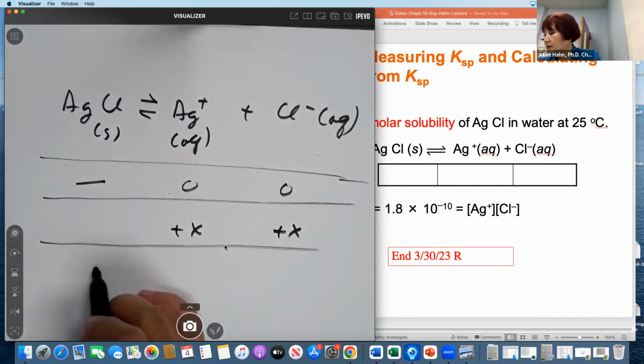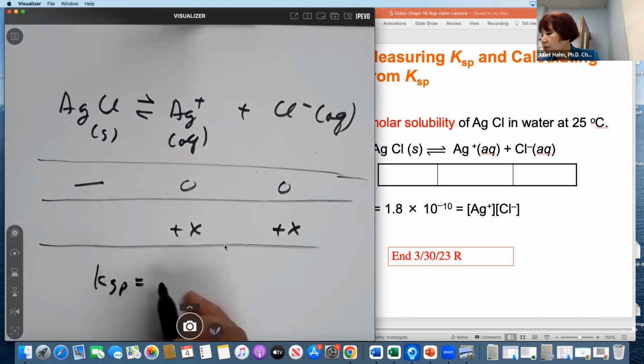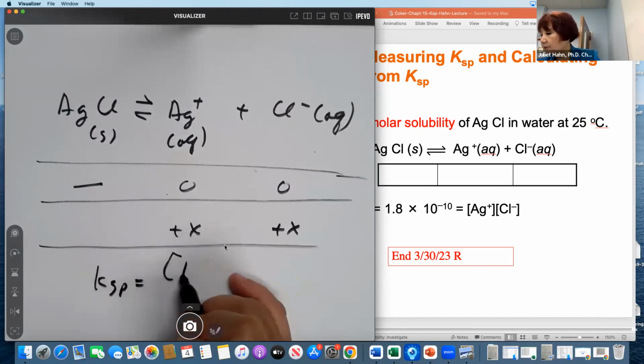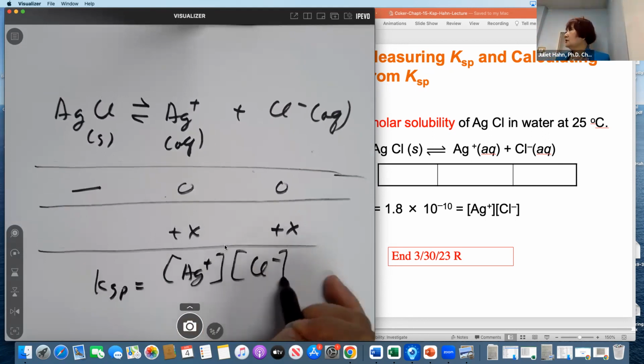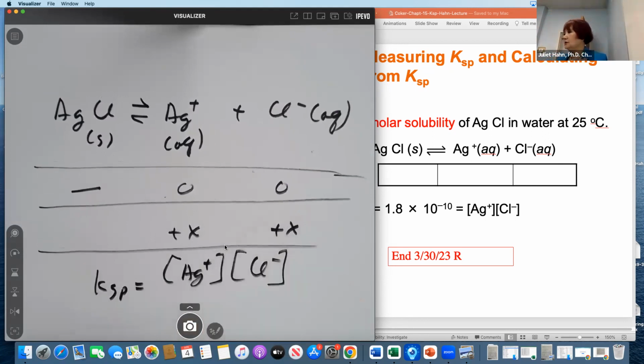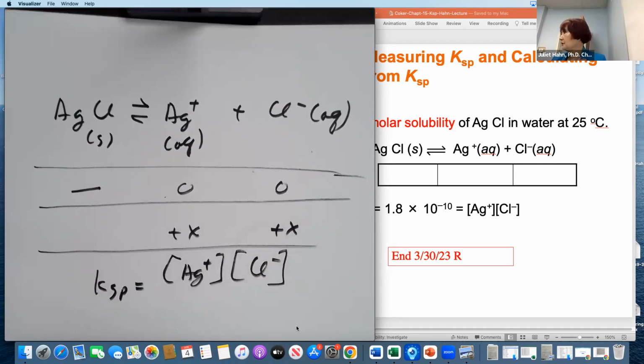So KSP would equal the concentration of silver ions times the concentration of chloride ions. And the silver chloride you would leave off because it is a solid, so it doesn't show up in the KSP equation. So that's my KSP equation.